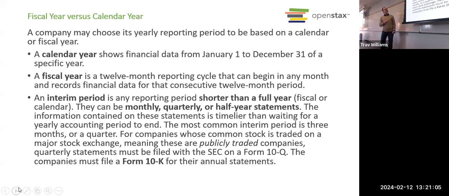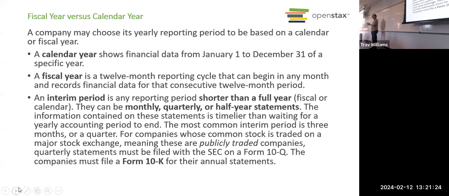Now, there is a difference for a lot of companies between the calendar year and the fiscal year. The calendar year that we use here in the United States goes from January 1st to December 31st, right? So that's the calendar we're all used to, sometimes referred to as the Gregorian calendar.